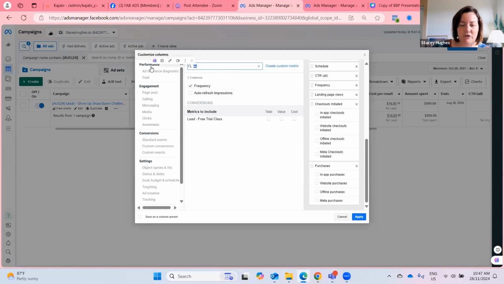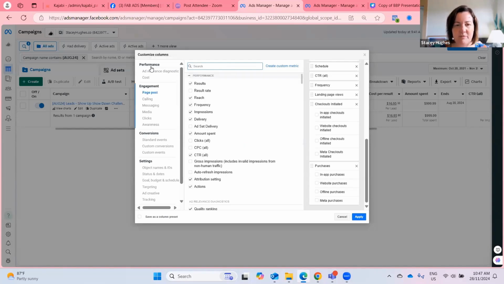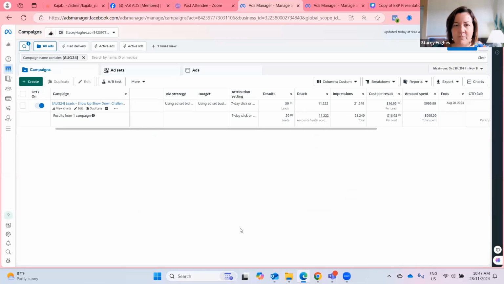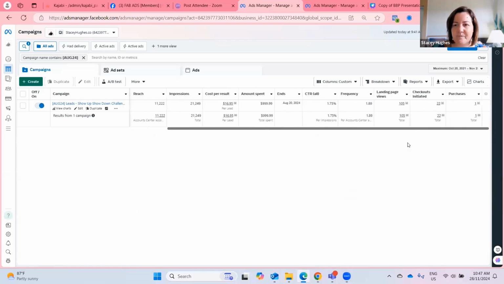And I like to add these in. They're not always relevant for a lead campaign, but I'll show you what that means in a moment. And then you can do checkouts initiated and purchases as well. And then you can add ROAS in if you are running a sales campaign. So I just want to apply those.